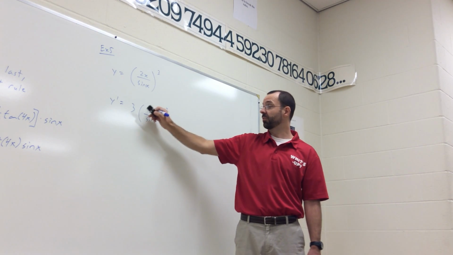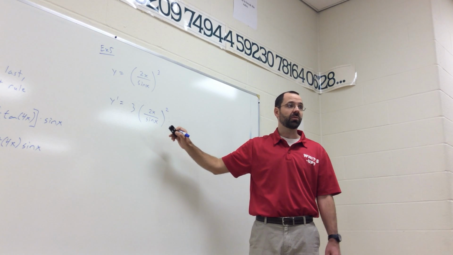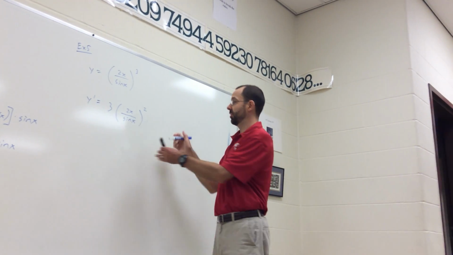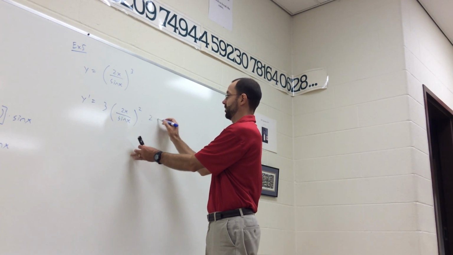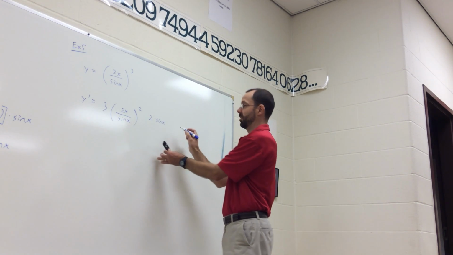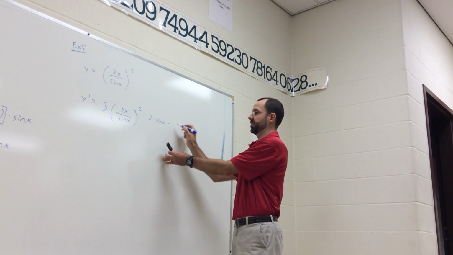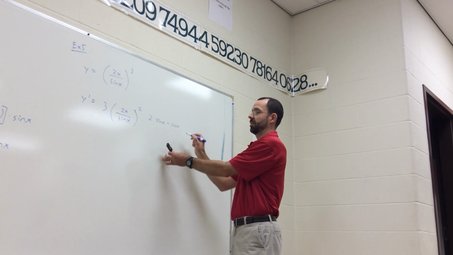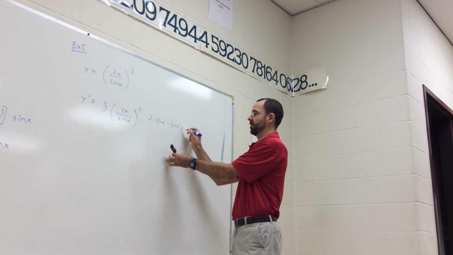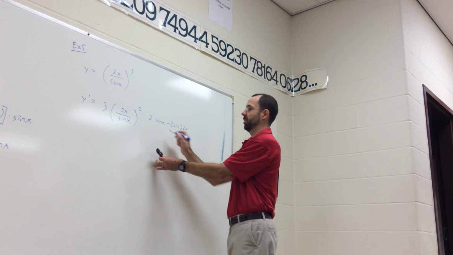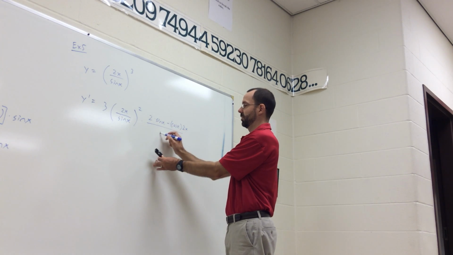And when we do the derivative of this inside, it's a quotient rule. So you have to take the derivative of the top times the regular bottom, minus the derivative of the bottom times the regular top, and then all over the bottom squared.